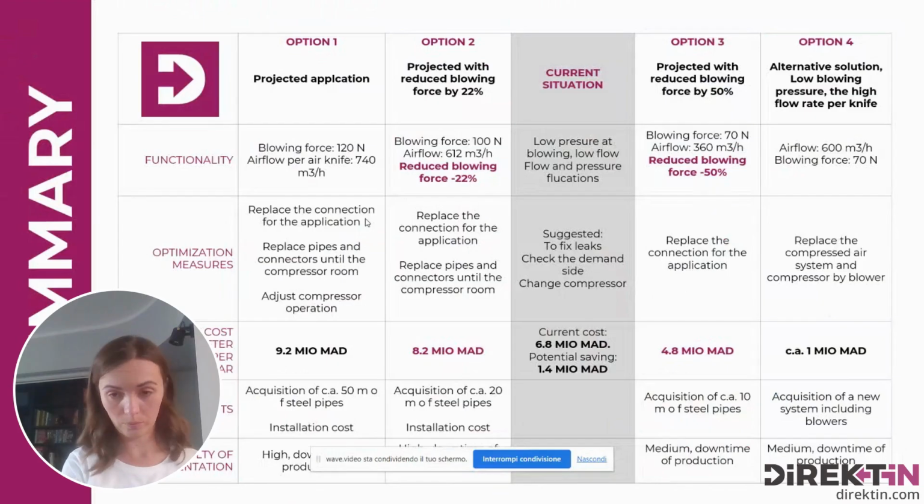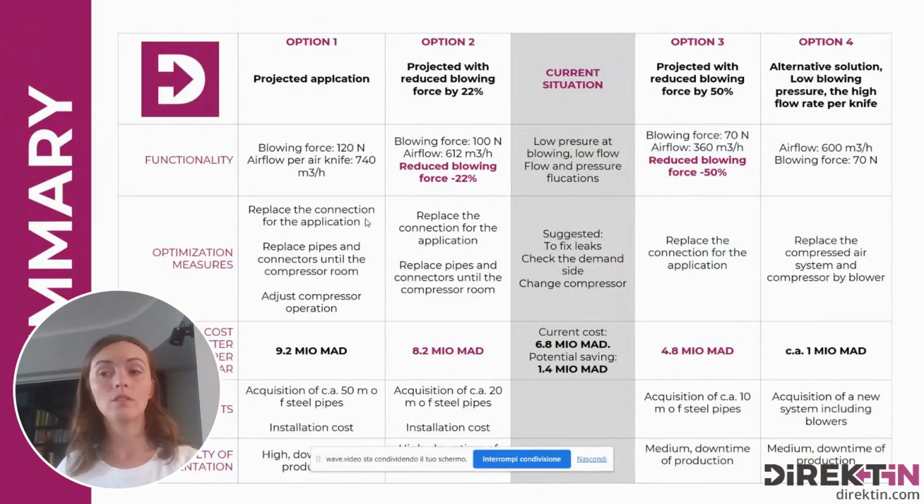The blower can be installed directly on the machine and can provide a high airflow. However, it's not suitable for very precise cleaning. So in that case, for the nozzles, the first solution would be possible. As you can see, there are 4 options.